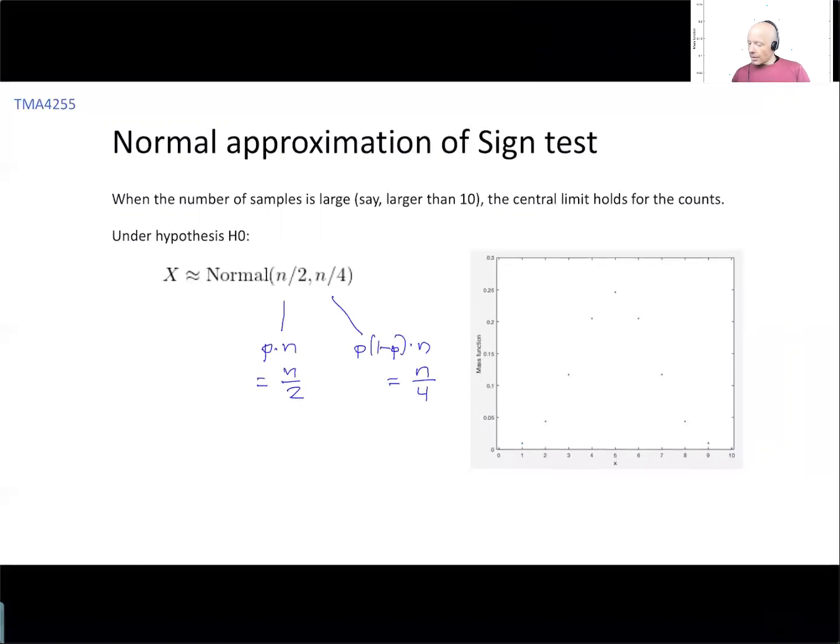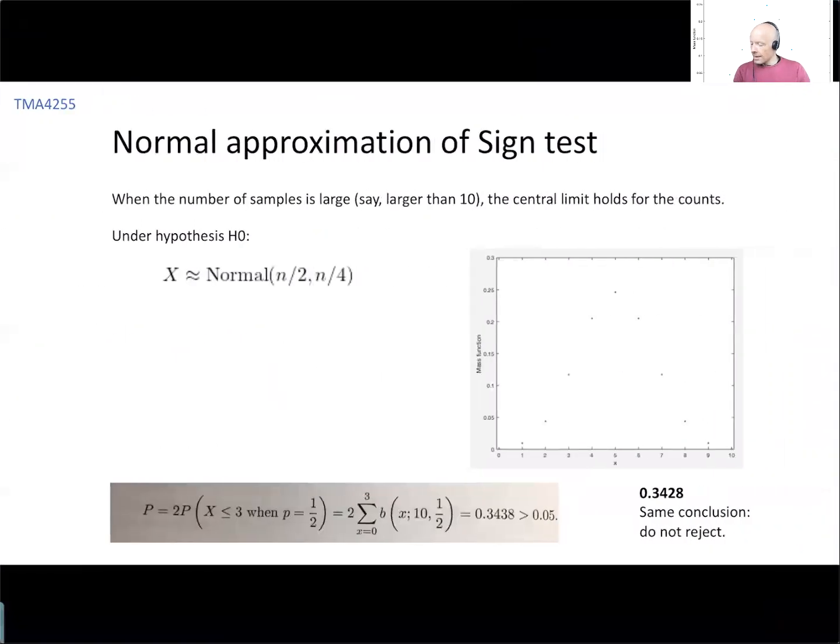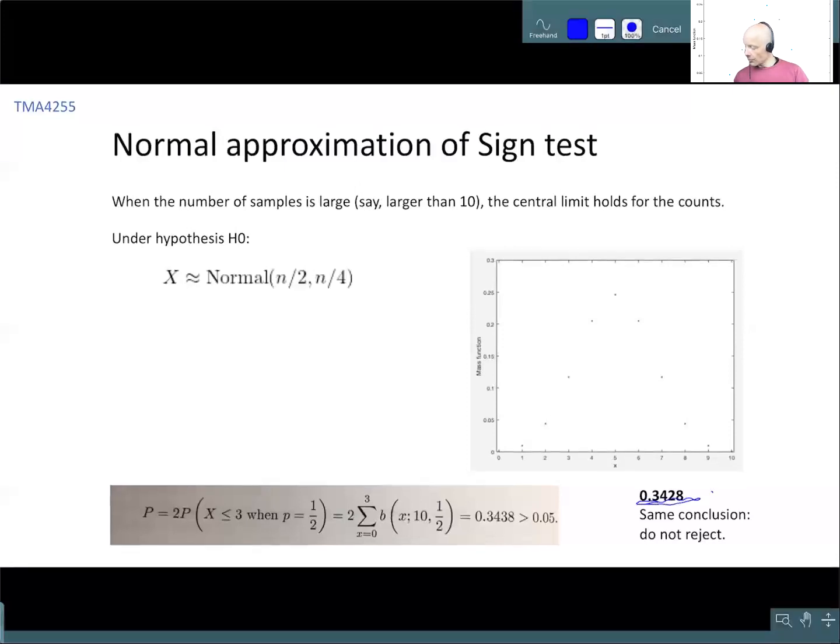And in our example, this is more or less the same solution. We get a probability that's very close to what we get from the binomial calculation. Note that even though we here use a normal approximation, this is for the test statistic X. It's not for the sampling distribution of the data.